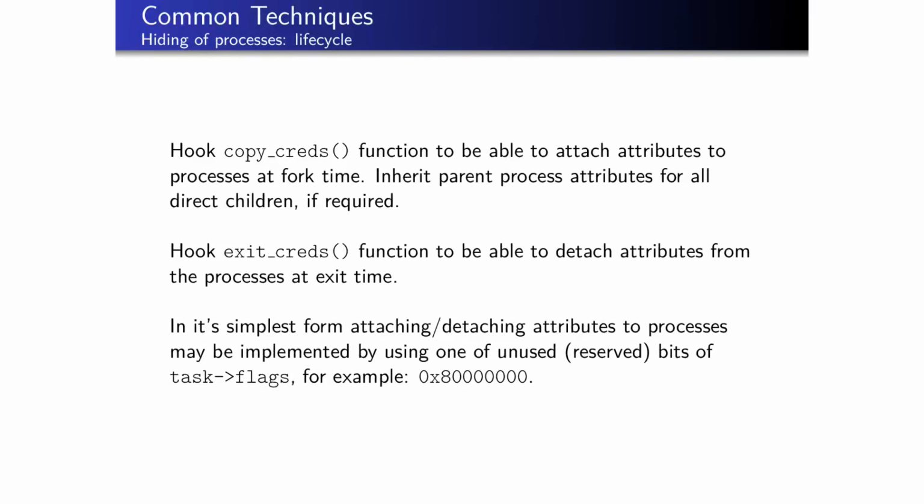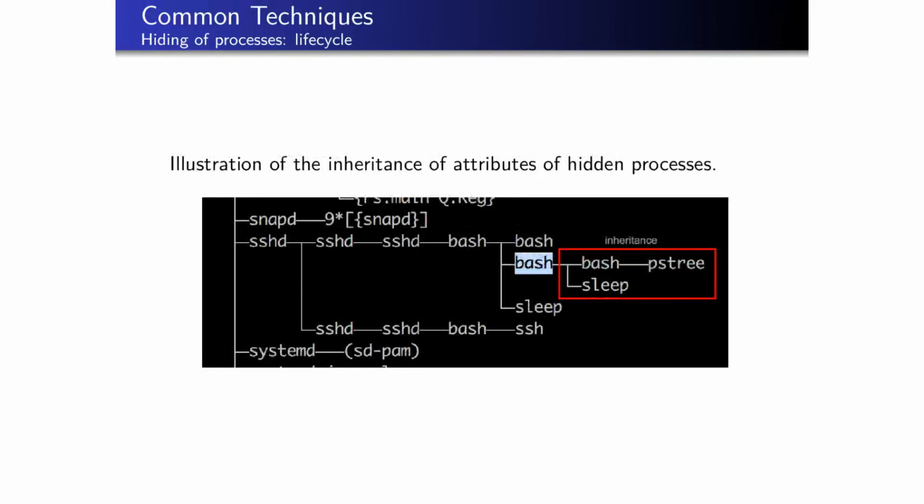So at each fork, the kernel creates a copy of the process for you, and the copy creds function is executed. So it's a good place to hook, to be able to get control when the process starts. The other function is the exit creds function, and it is executed when the process dies. So it is the function where you can do some cleanup job.